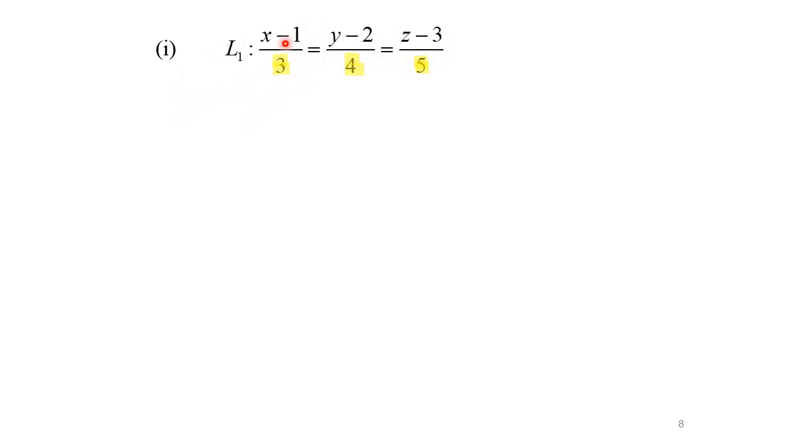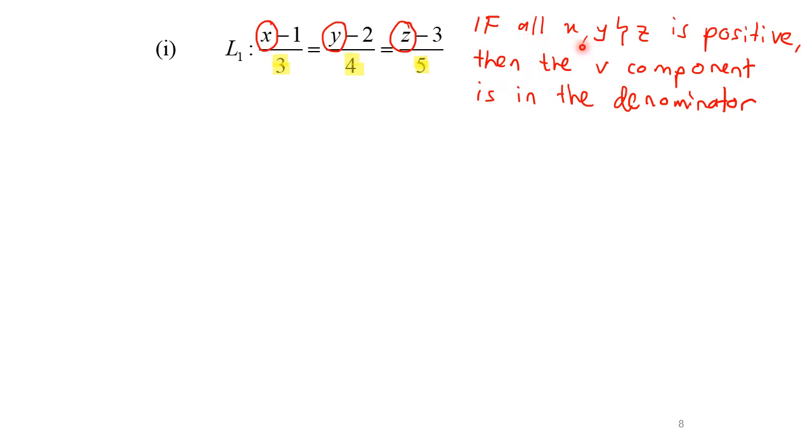But actually, we can find out V from here, as highlighted in yellow. Because if x, y, and z are all positive, then the V component is in the denominator. So the highlighted one would be our V, that is 3i plus 4j plus 5k.